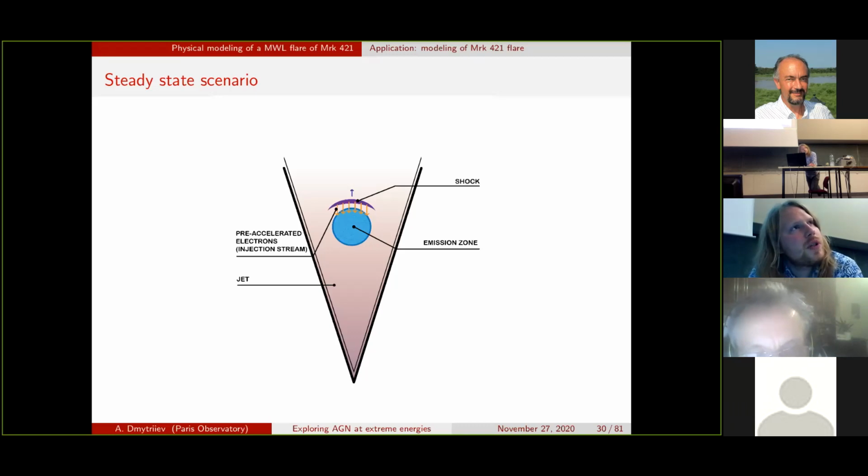We expect synchrotron self-Compton, yes. The emitting zone is further. It's up to 1 parsec away from the black hole, like 0.1 or 1. It's much larger than the size of the blob, typically by a factor of 10,000 or something. So compared to the size of the blob, that's pretty far.